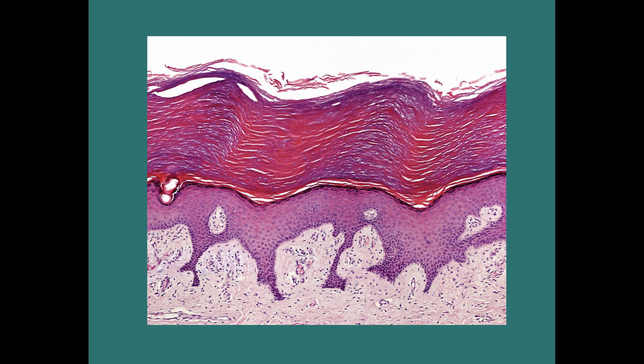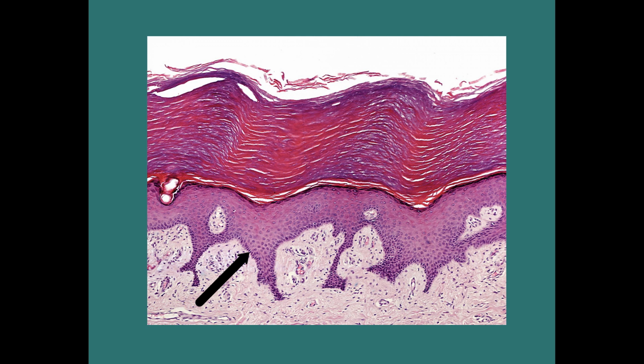You probably noticed a few things here. You probably saw this dark line going right through the middle, but don't let that confuse you. This is actually not our basement membrane. You'll learn more about this layer in lab 2. Our basement membrane is down here where this dark purple stained tissue meets this lighter staining tissue down here.